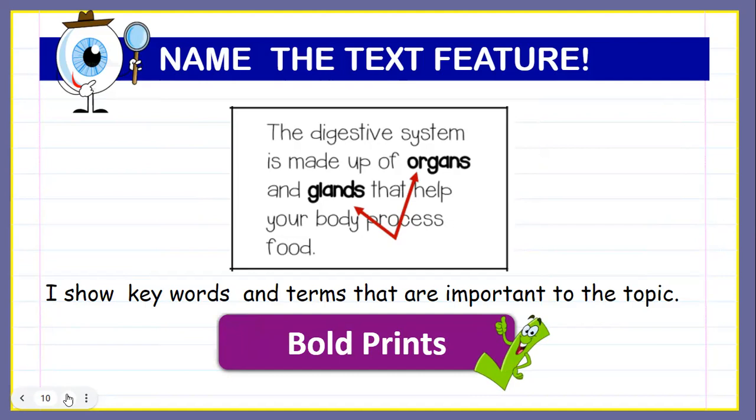They show keywords and terms that are important to the topic. For example, if you notice my diagram here, the words organs and glands are in bold print. The reason being is because they are keywords and terms that are important to this particular topic.